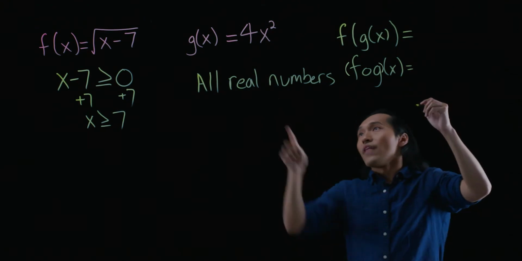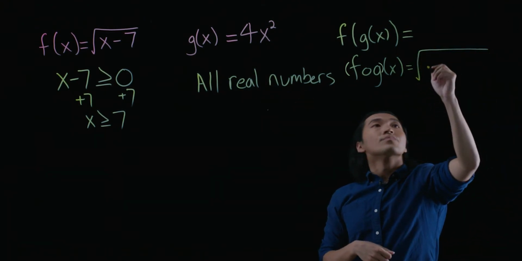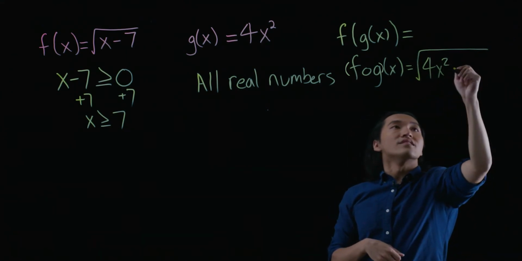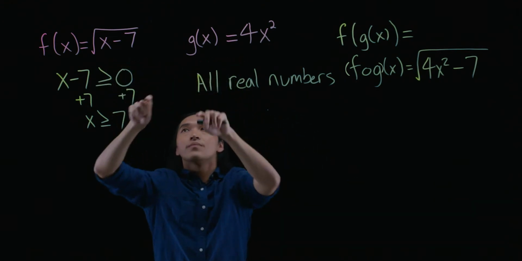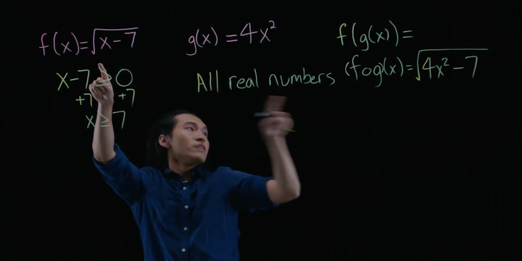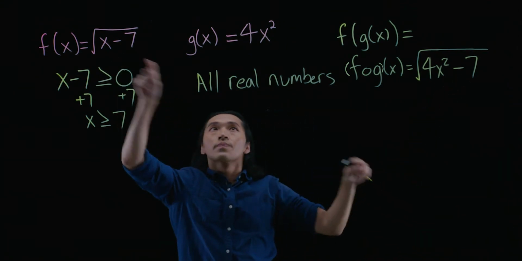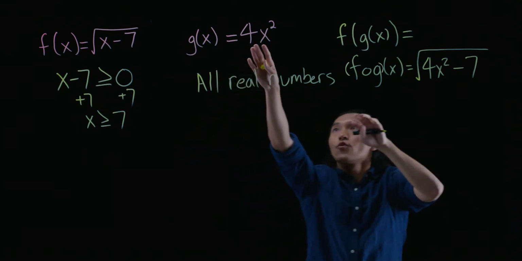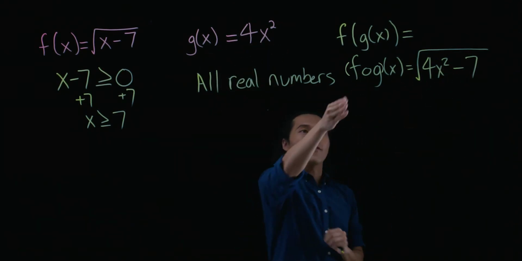So that would be the square root of 4x squared minus 7. Notice this is these two functions combined: you have the square root and the negative 7, but instead of an x, we're plugging the 4x squared into the x. So here is the function f of g of x.